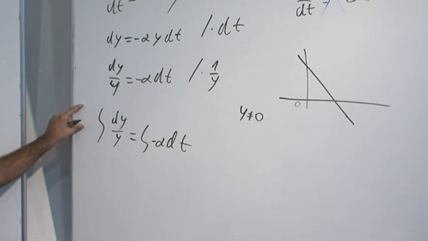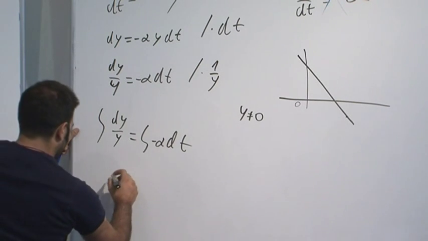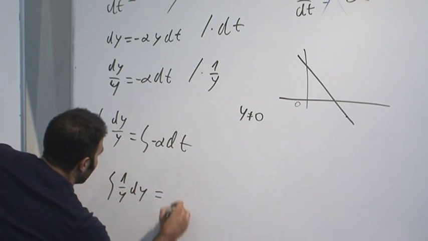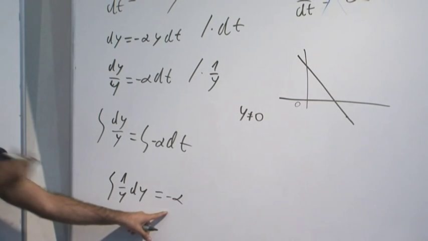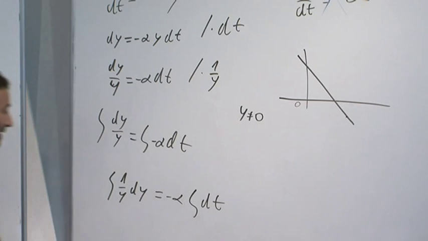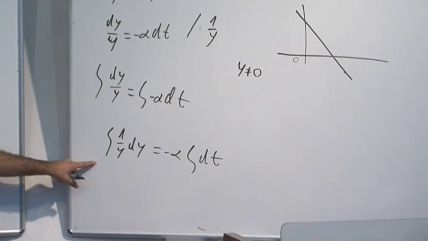Does somebody know? Maybe I can write it in a way that will look more familiar to you guys. The integral of 1 over y dy equals minus alpha, where alpha is a constant, so I can take it out of the integral, dt. Somebody knows what is the solution of it? How do you do an integral?